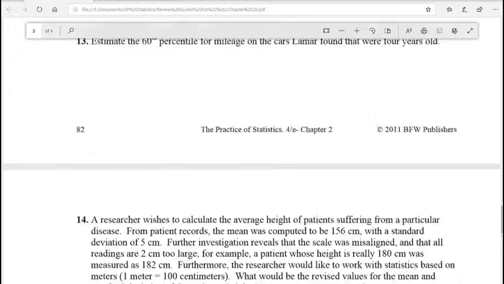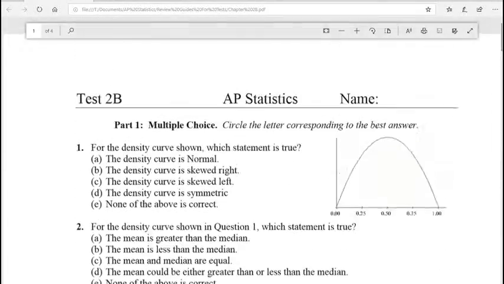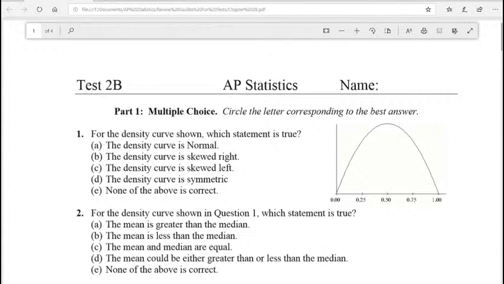All right, let's go back to talk about the multiple choice. Number 1, are we skewed?